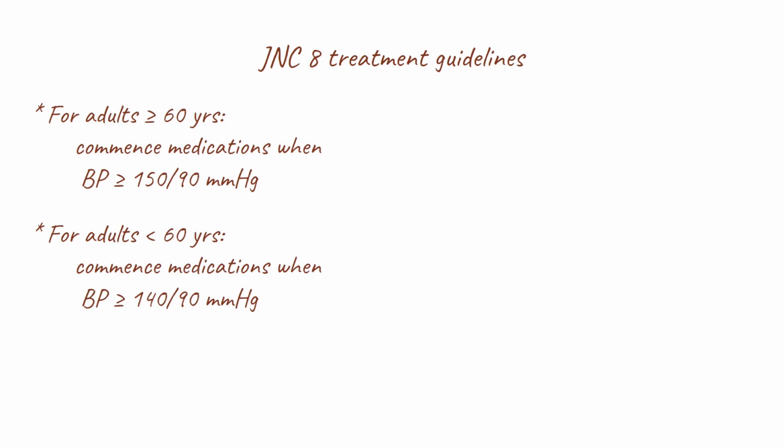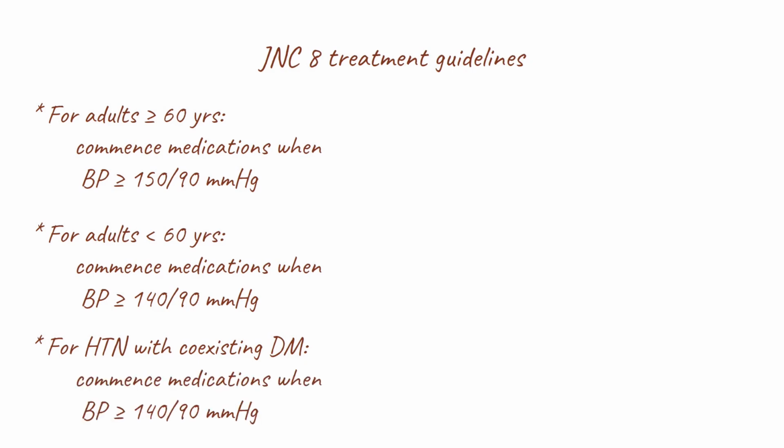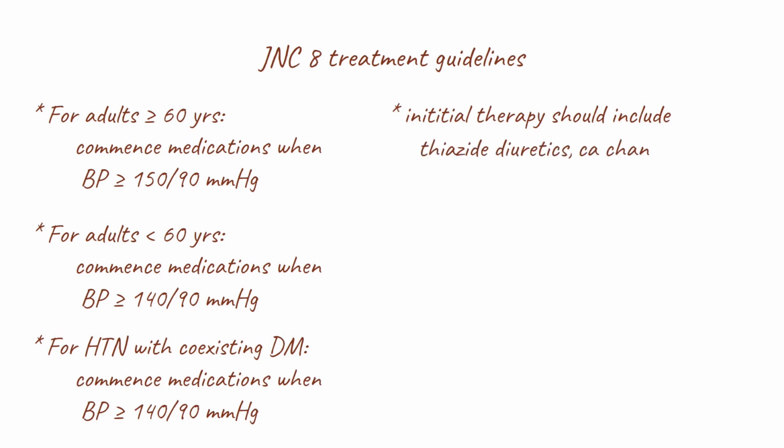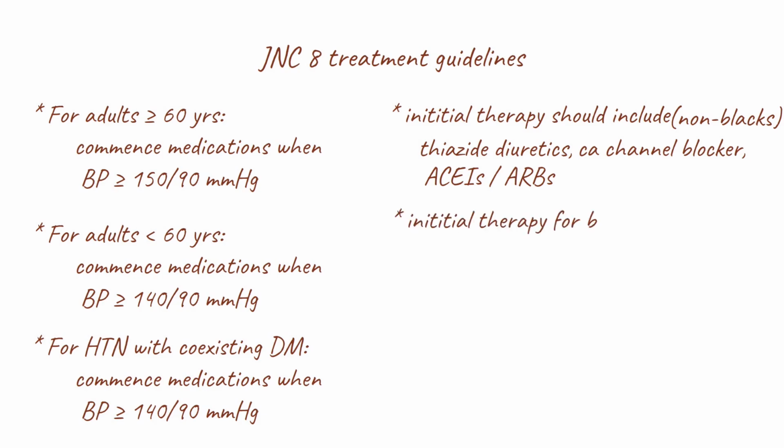In patients with hypertension and diabetes, pharmacologic treatment should be initiated when the blood pressure is 140/90 mm Hg, regardless of age. Initial antihypertensive treatment should include a thiazide diuretic, calcium channel blocker, ACE inhibitor, or ARBs in the general non-black population. While in blacks, the initial antihypertensive treatment should include a thiazide diuretic or calcium channel blocker.